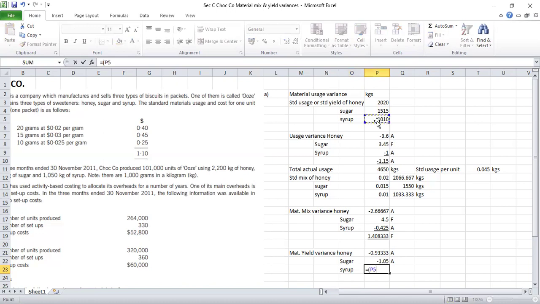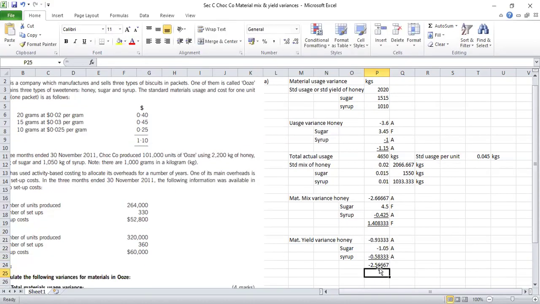So standard usage or standard yield minus this standard mix into 0.025. So we have adverse over here. So this plus this plus this. We have 0.25 negative or adverse from all the variances.